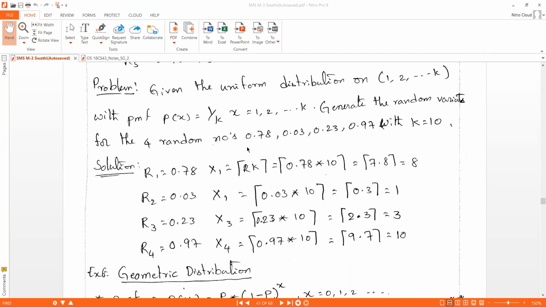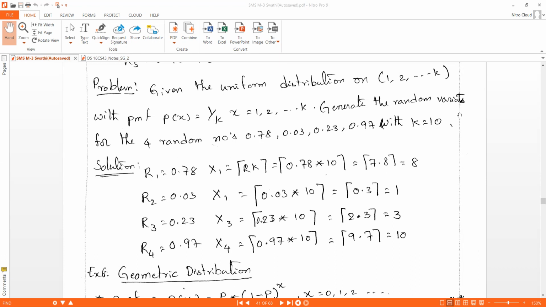The random numbers are given: the first random number is 0.78, the second is 0.03, the third is 0.23, the fourth is 0.97, with k equal to 10 given in the problem.